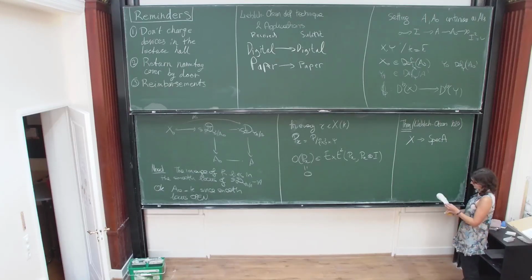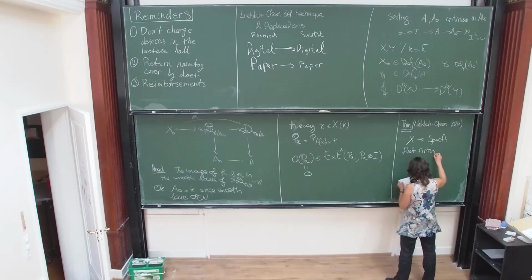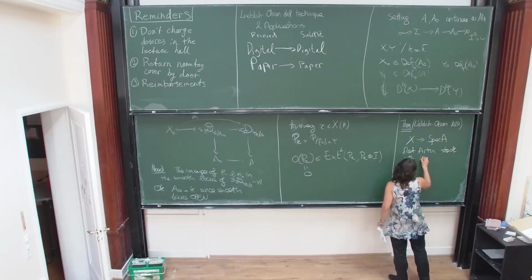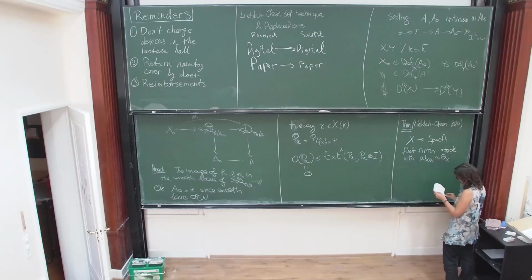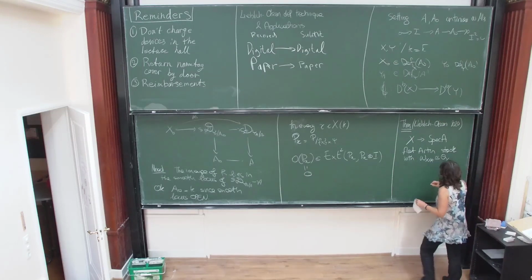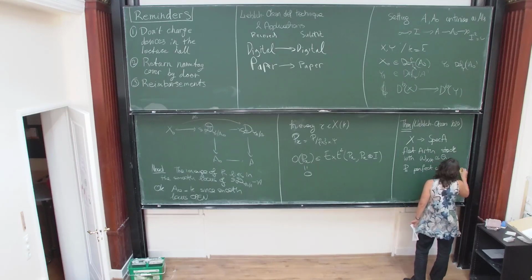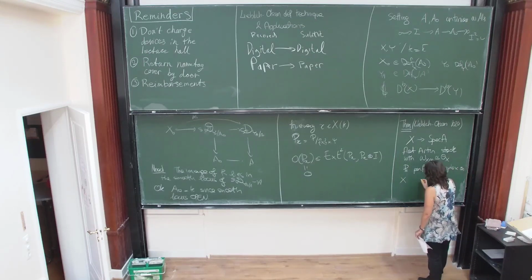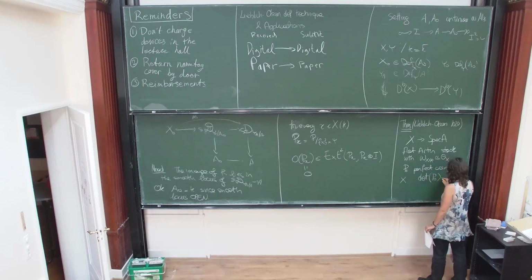So if you have X over A, a flat proper algebraic stack with omega_{X/A} trivial, and P0 a perfect complex on X, and the determinant of P0 I call L0.